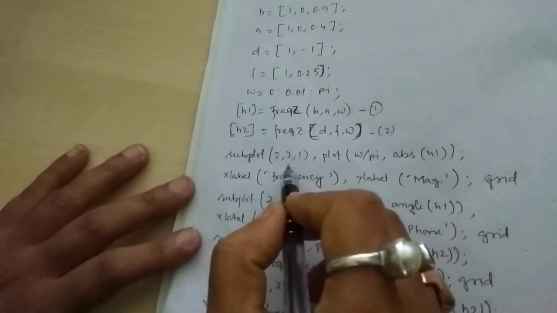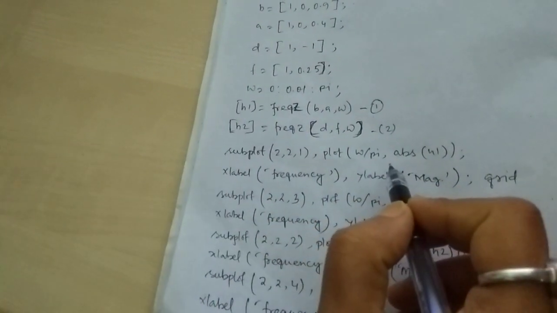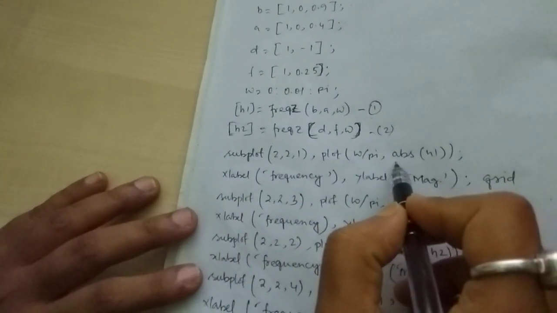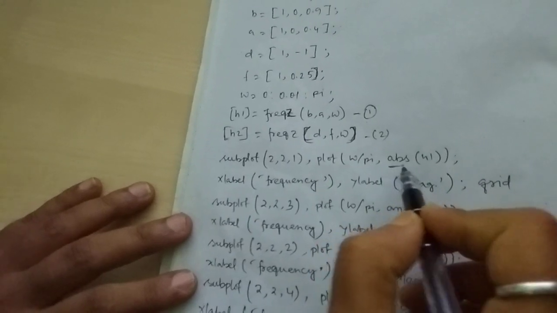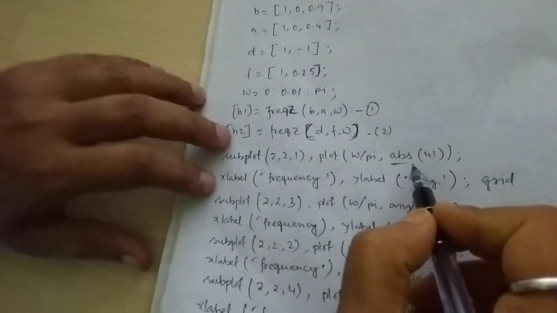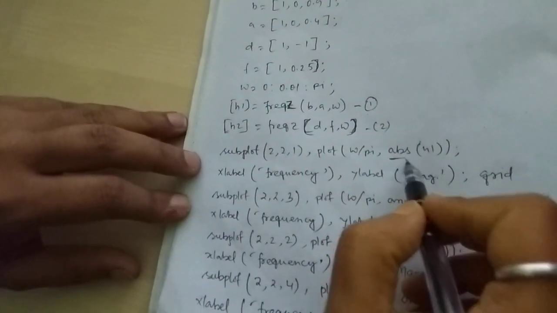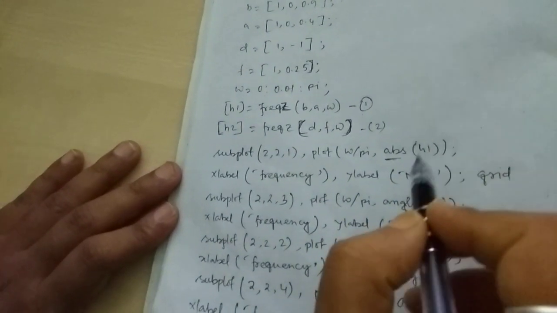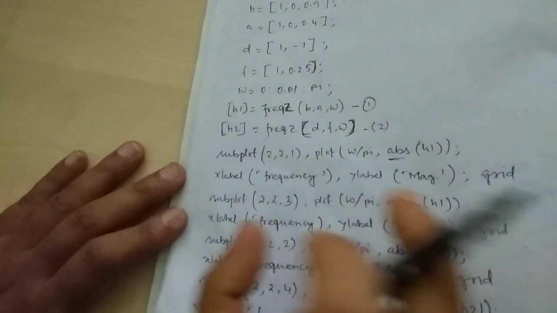Now we plot the graph for magnitude as well as phase angle. First we plot the magnitude graph. First define subplot and then plot. Here abs gives the magnitude of h1. We use the abs command for finding the magnitude of a system given in complex form.